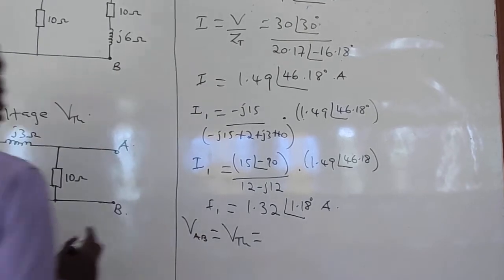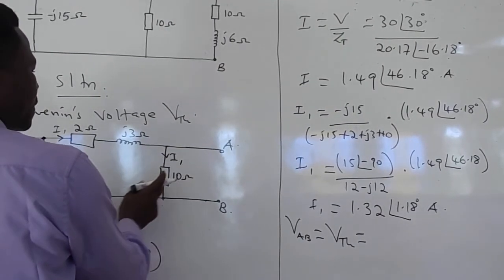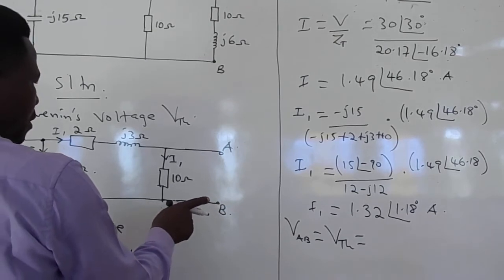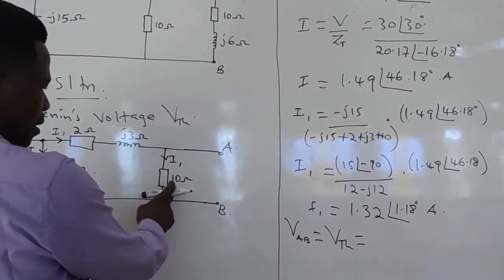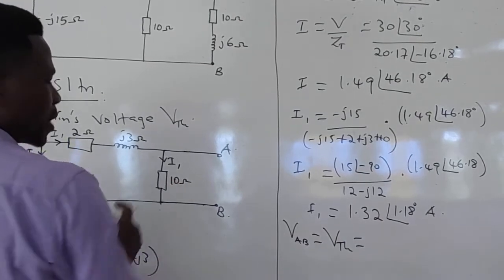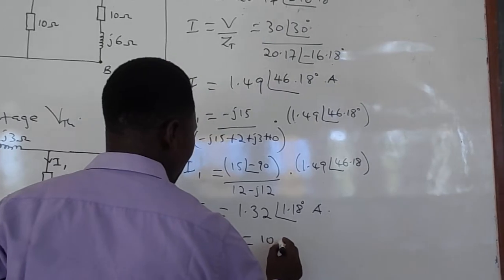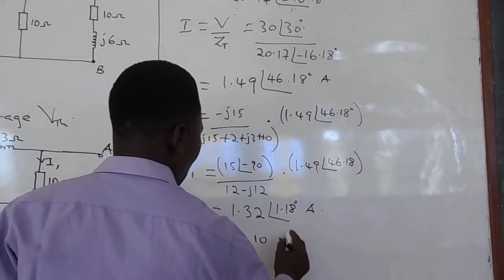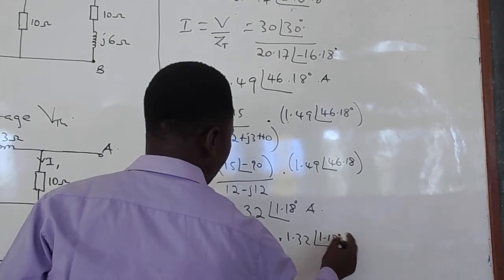So the Thevenin's voltage, the voltage across terminal AB, VAB, is actually equal to the current times the impedance, which is the 10 ohm resistance. So I will be having now 10 times 1.32 at an angle of 1.18 degrees.